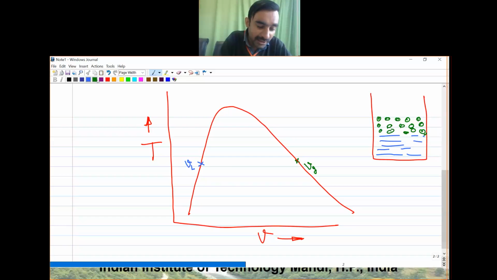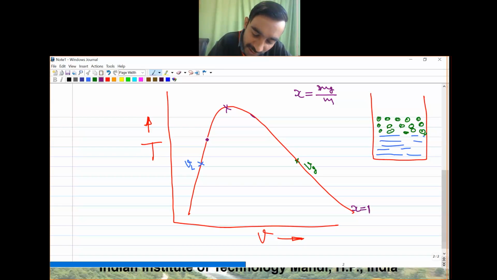Now I have defined the dryness fraction for you. The dryness fraction is the ratio of mg divided by m. When we are on the saturated vapor line, our entire mass is vapor, so this saturated vapor line corresponds to dryness fraction equal to 1.